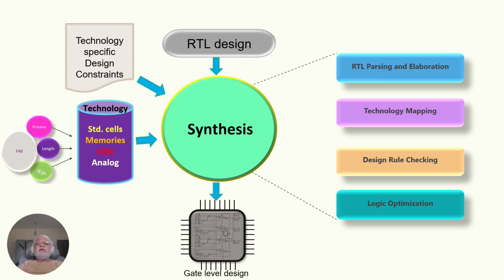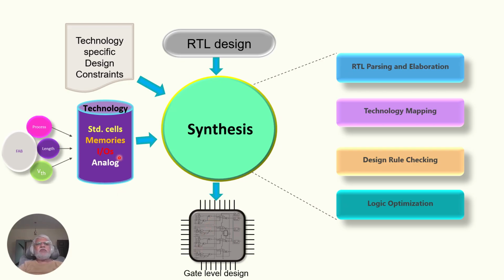Then the RTL will be converted into technology specific gates, and as you observe, the memories, which are the key items, will not be synthesized as per the RTL requirement. They will be instantiated in the gate level design of the chip.